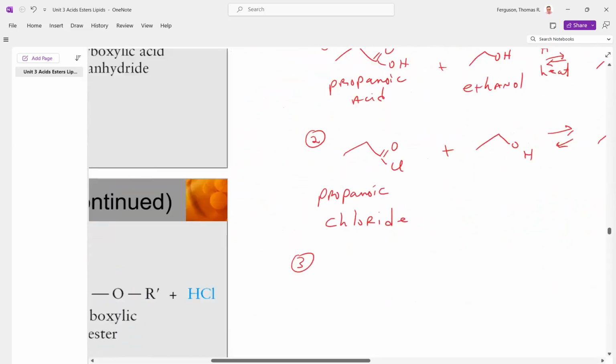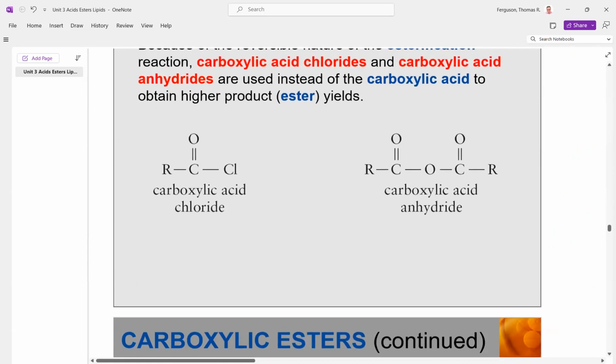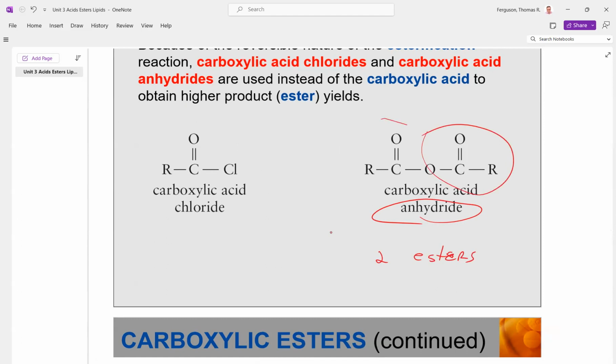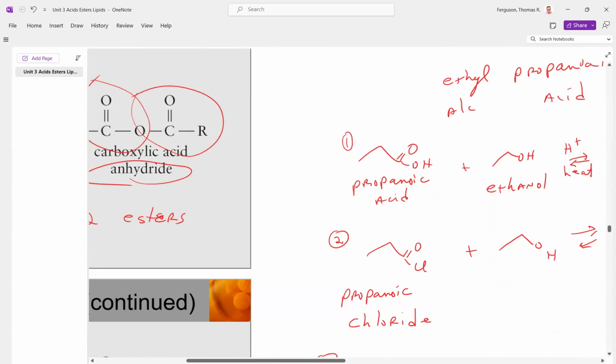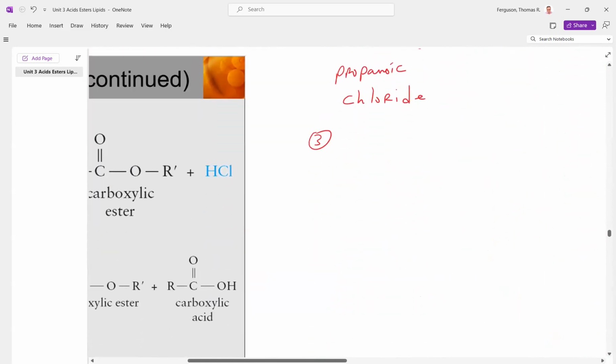And the third way is to use the anhydride. Now think of the anhydride as 2 esters. So here's an ester, and there's an ester. So we're going to have a 3-carbon acid anhydride.